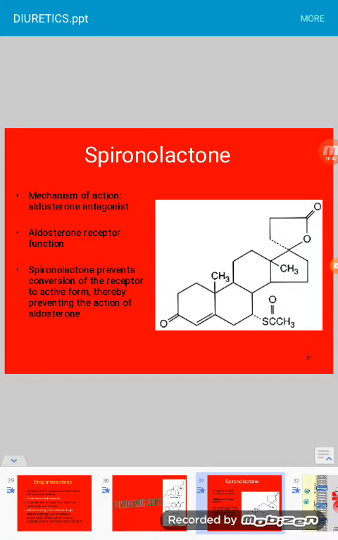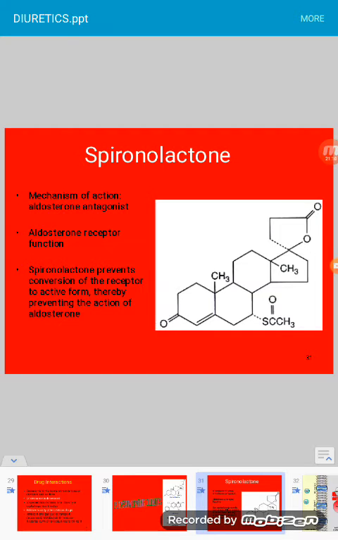Already we discussed that in the distal tubules and collecting tubules, ADH and aldosterone act. So spironolactone is the aldosterone receptor antagonist, preventing the conversion of the receptor to the active form, and that way preventing the action of aldosterone.